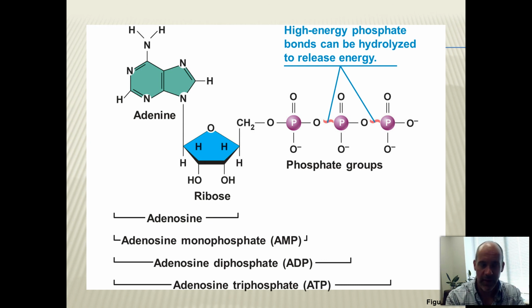When you break those bonds, energy gets released. So in order to release this stored energy, what cells do is they break those bonds. They break it apart. That releases energy that can be used to power things that your cells need to do. ATP is kind of like the gasoline of your cells.